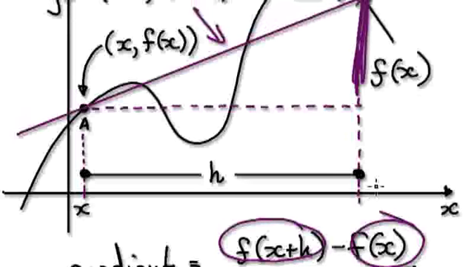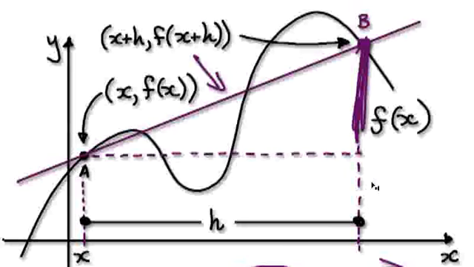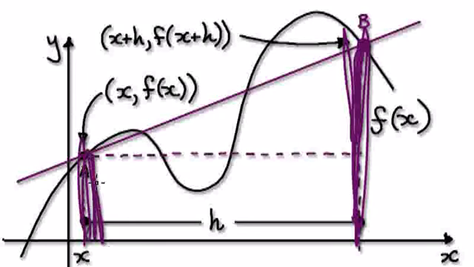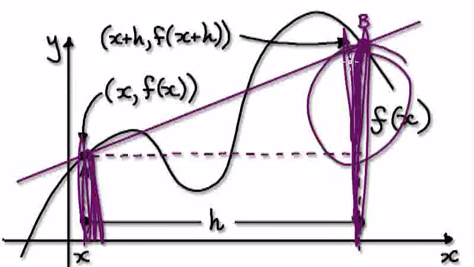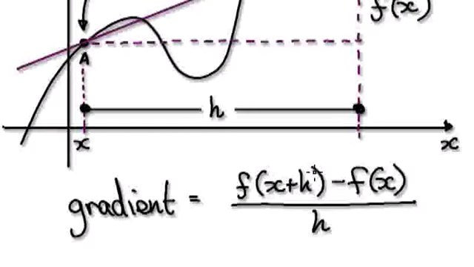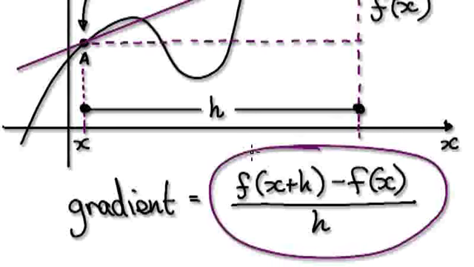If you want to know this height here, it will be the whole length here take away this length here, which gives you what's left. Anyway, the gradient of this line will be given by this thing here.